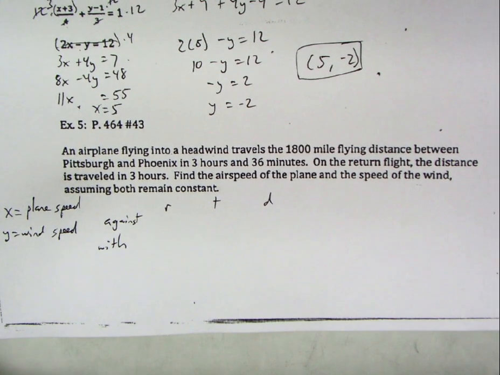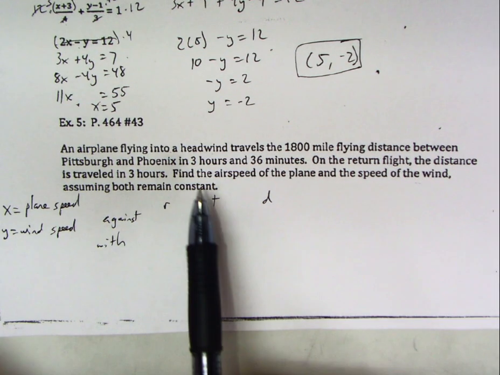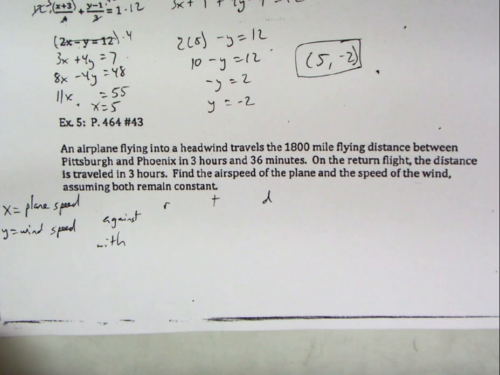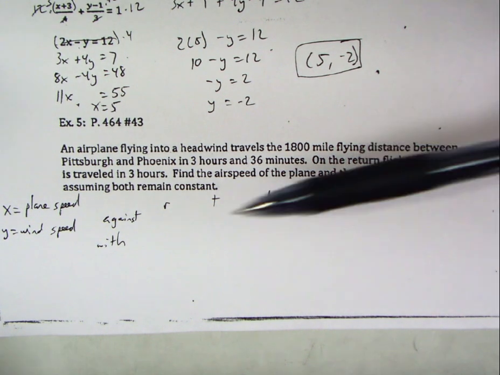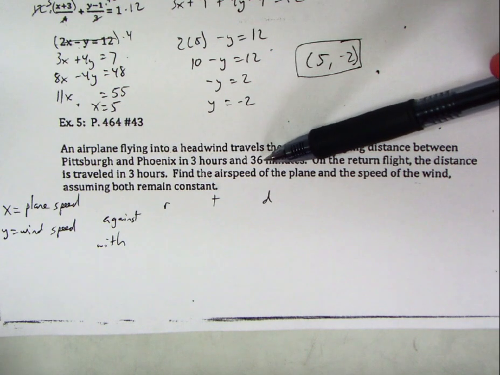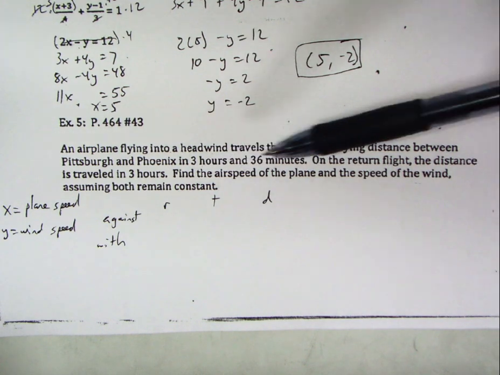And try to identify the easiest boxes to fill in. It tells you the time boxes. When you're going against, it takes 3 hours and 36 minutes. But when we're talking about miles per hour, think back, last semester when it said 30 minutes, we would put 0.5. We have to convert to hours. So if it's 3 hours and 36 minutes, we're not going to do 3.36.